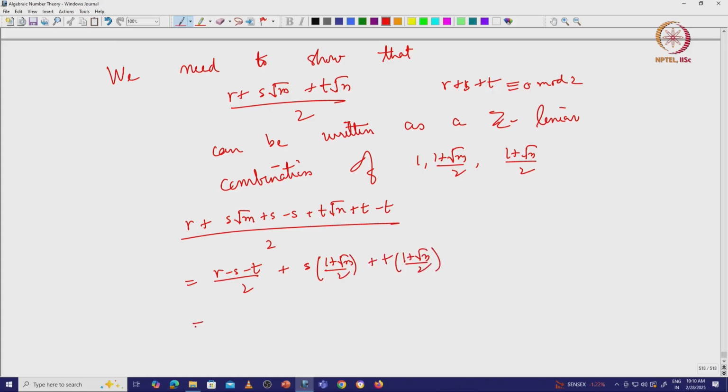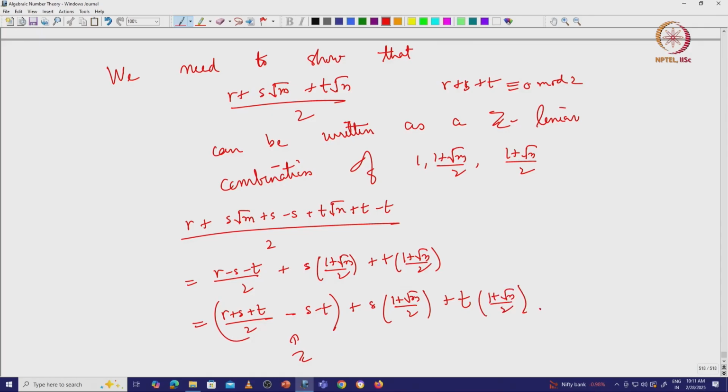And now, this thing you can just rewrite as r plus s plus t by 2, which is even, minus s minus t. So, this is an integer, and then you just have s times 1 plus square root of m by 2 plus t times 1 plus square root of n by 2.